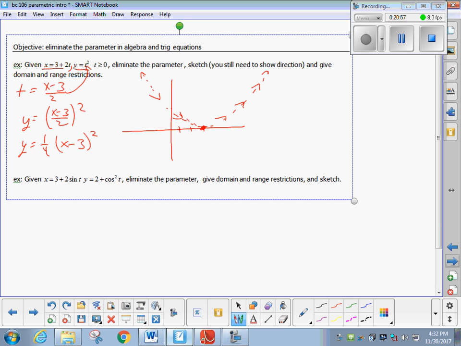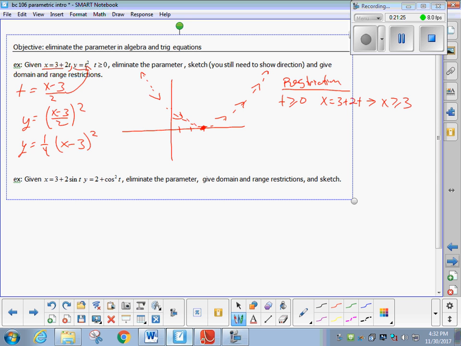The restriction. Why is there a restriction at all? Well, you can see that time is restricted. And because time is restricted to only positive, that means x will be restricted. I won't get all kinds of x's. If x is 3 plus 2t, and time is greater than or equal to 0, then x is greater than or equal to 3.